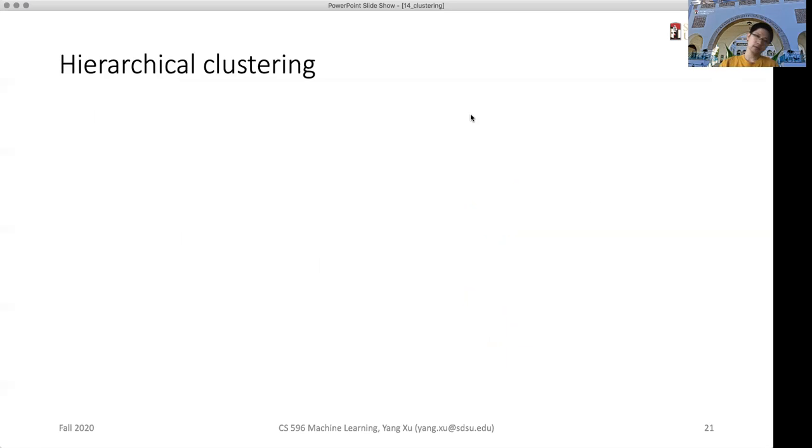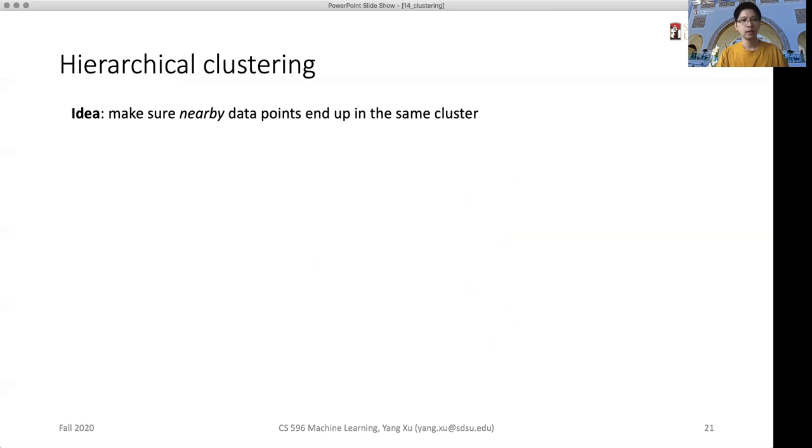Okay, so we will look at a second type, which is called hierarchical clustering. The idea is that it will make sure nearby data points end up in the same cluster. Compared to k-means, it focuses more on the local distance rather than the global distances, so it will focus on the nearby data points.